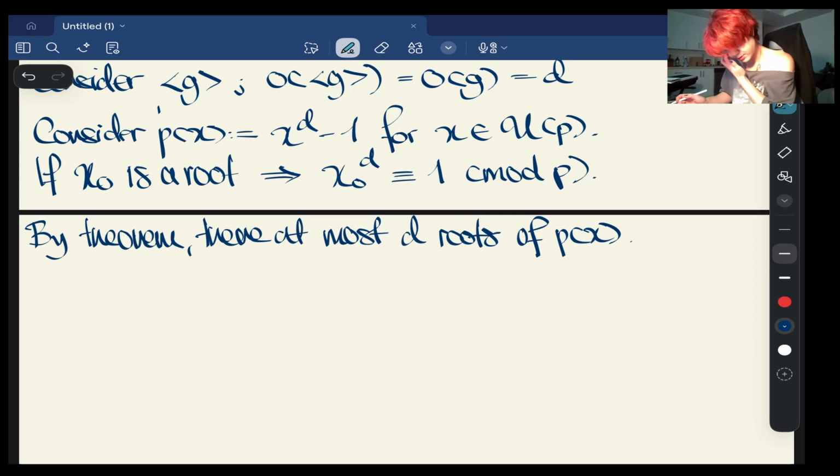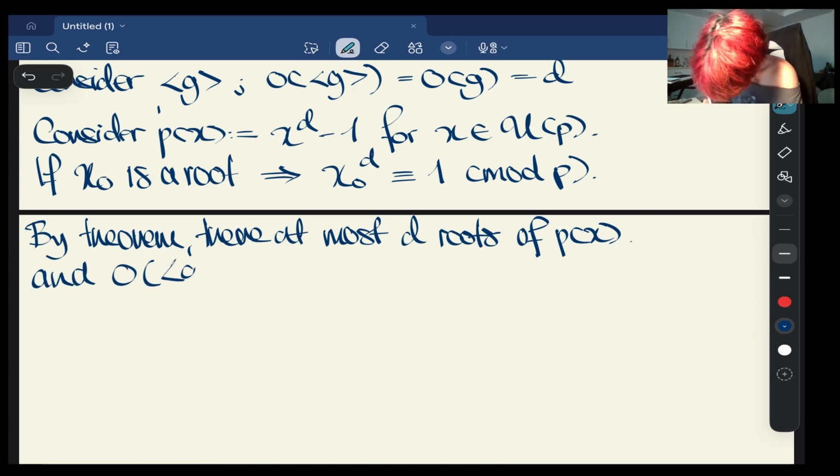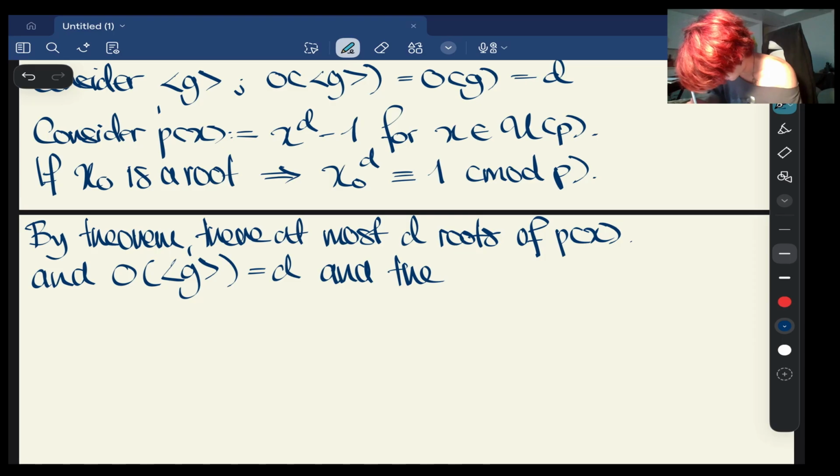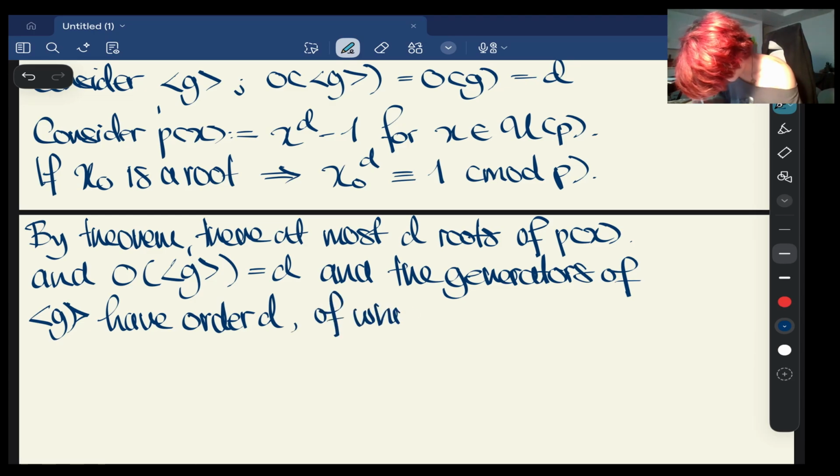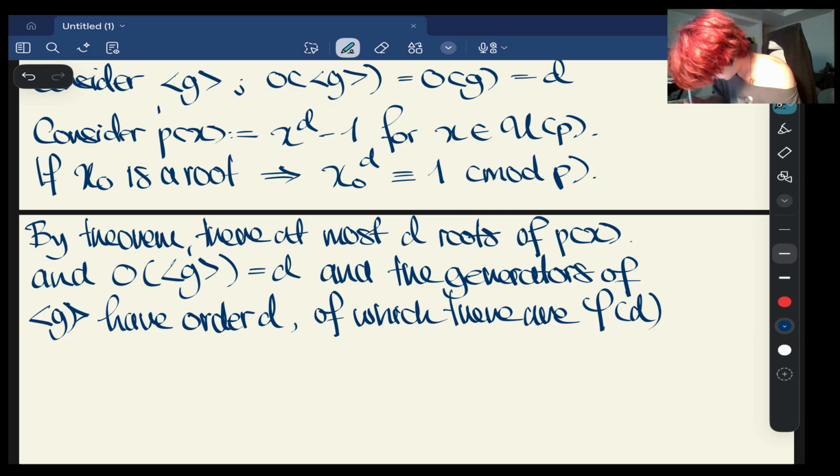So there are at most d roots of p of x, and the order of g is equal to d, and the generators of G have order d, of which there are phi(d) many of them.